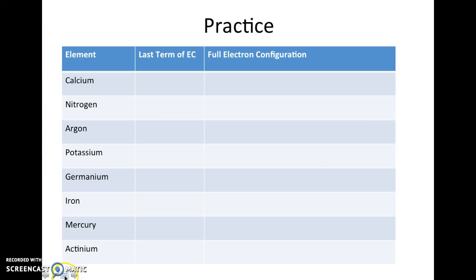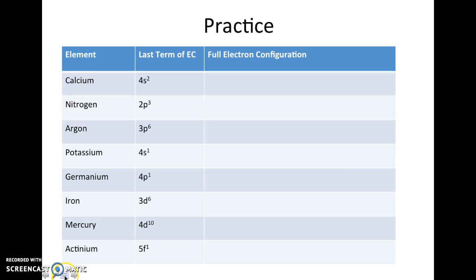So I want to give you time to practice. You already found the last terms for each of these elements earlier on your worksheet. I want you now to go back and fill in the full electron configuration using those last terms. Pause the video and record your last terms. You should have recorded the last term of your electron configuration.